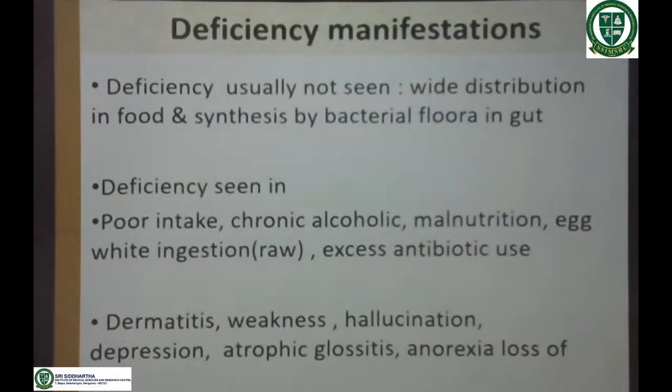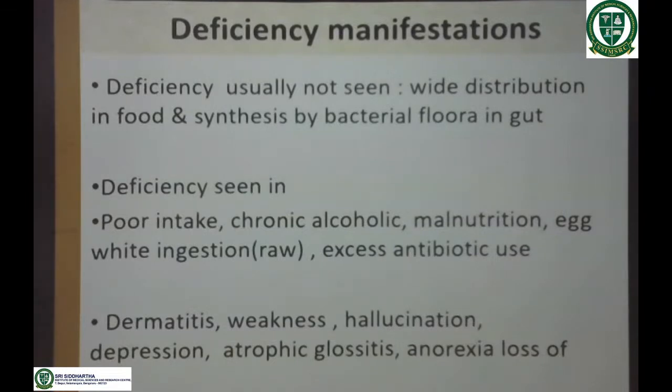So the dietary sources are mainly animal sources like liver, meat, egg. Egg yolk is a rich source of biotin, and 30 to 40% is also synthesized by the normal bacterial flora of the intestine. So that is about RDA and dietary sources.